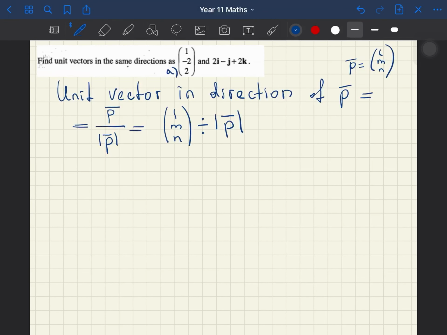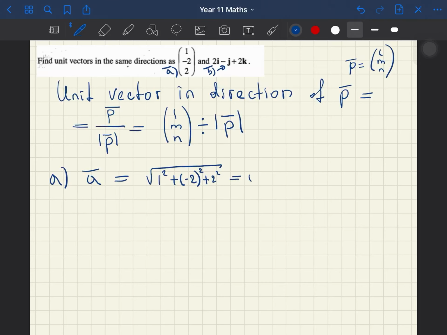In the case of the first one, let's number them. This is A, and this is our B. So let's do A. For the magnitude of this vector, let's just call it vector A, and this is vector B. The magnitude of vector A is equal to the square root of 1 squared plus negative 2 squared plus 2 squared.